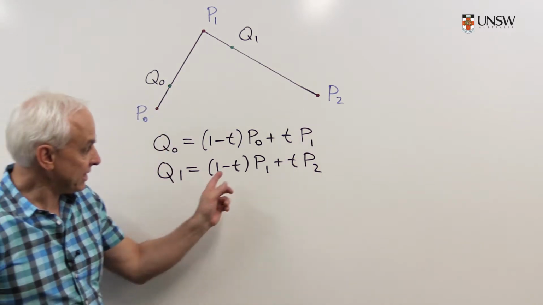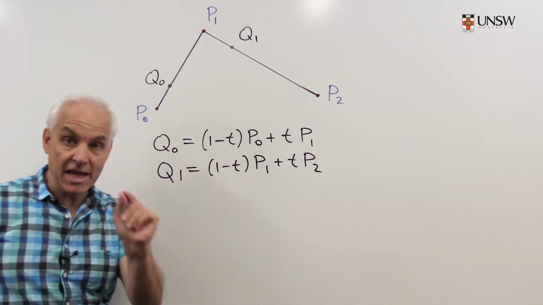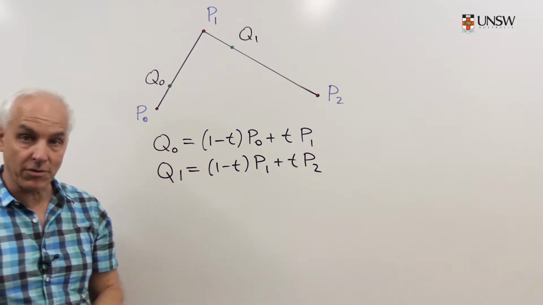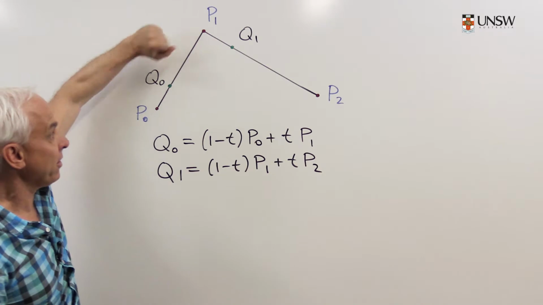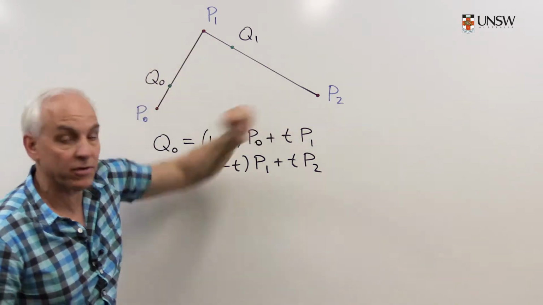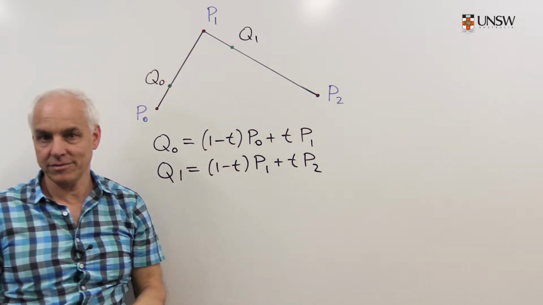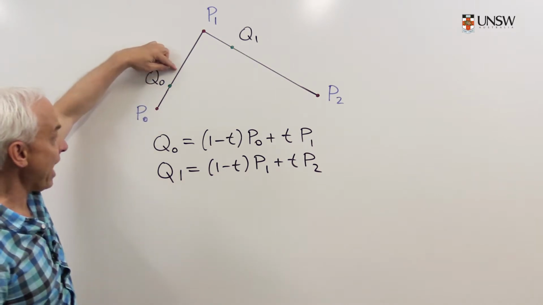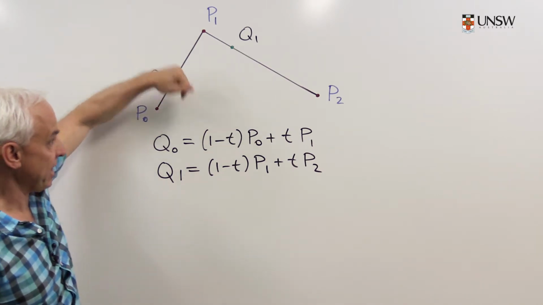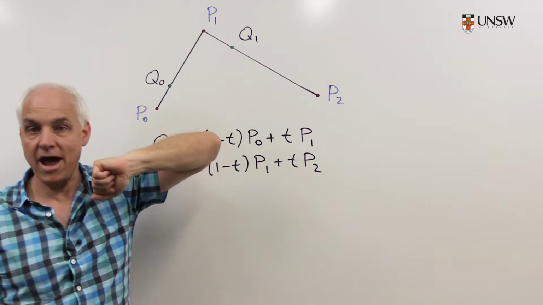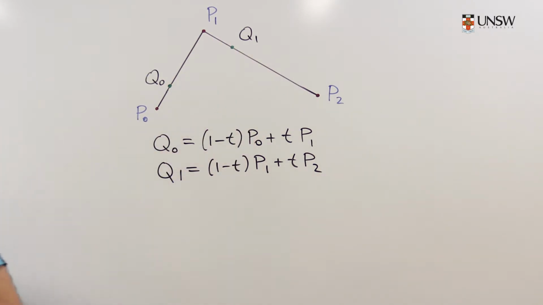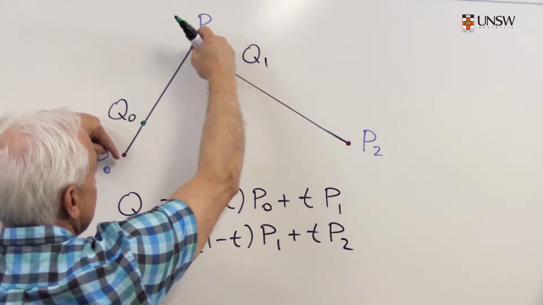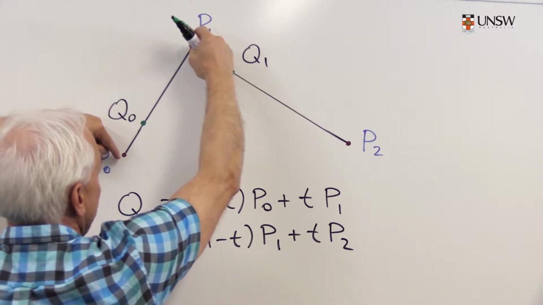Now notice that the t value for Q1 is the same as the t value for Q0. So if Q0 is 1/3 of the way along here, then Q1 will be 1/3 along there. When Q0 is 1/2 way along, when t is 1/2, then Q1 is going to be 1/2 the way along this segment. So they're moving sort of simultaneously, synchronized, so the movement's sort of like this.